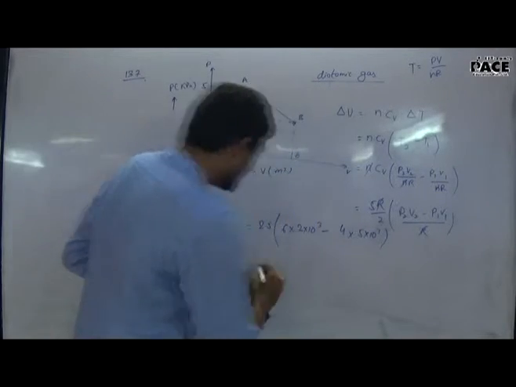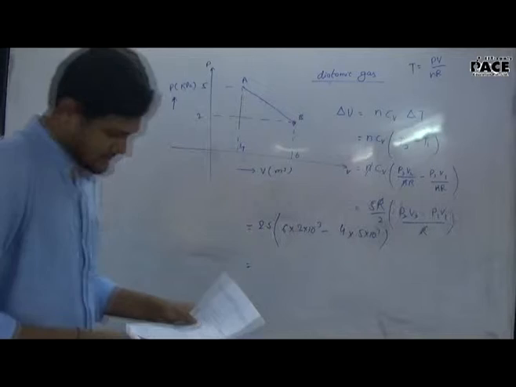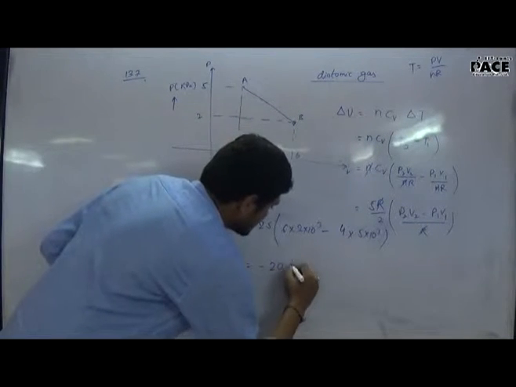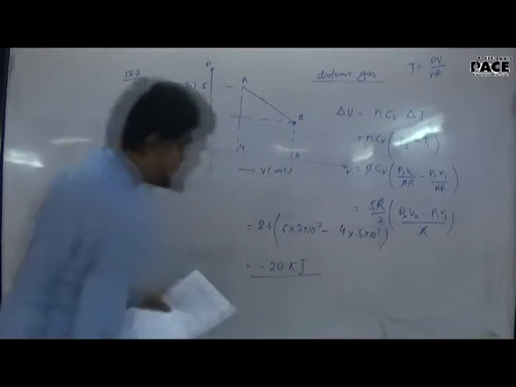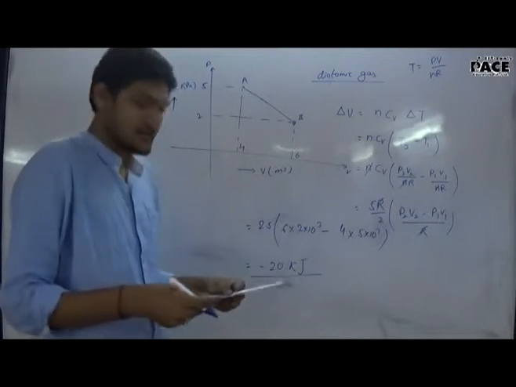Solving this, this result comes out to be, I think, minus 20 kilojoules. Okay, minus 20 kilojoules. So option 1 seems to be correct.